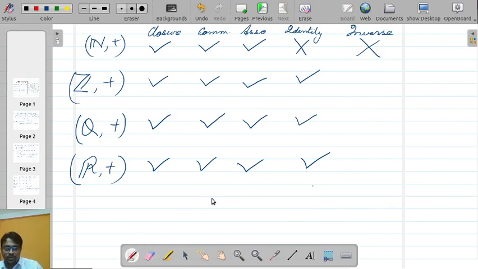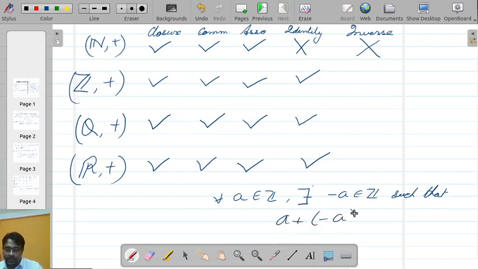This symbol is also read as given any, or for all. So given any a belonging to Z, there exists -a belonging to Z such that a plus -a is always equal to the identity element, 0.